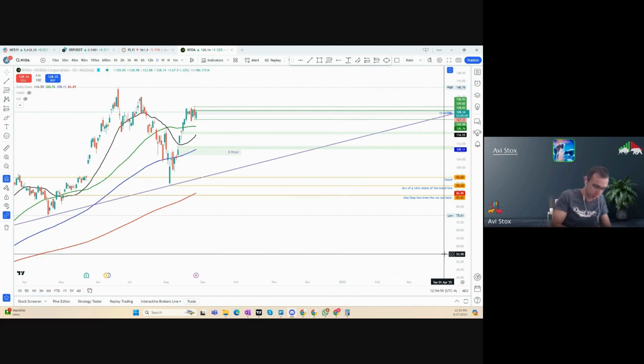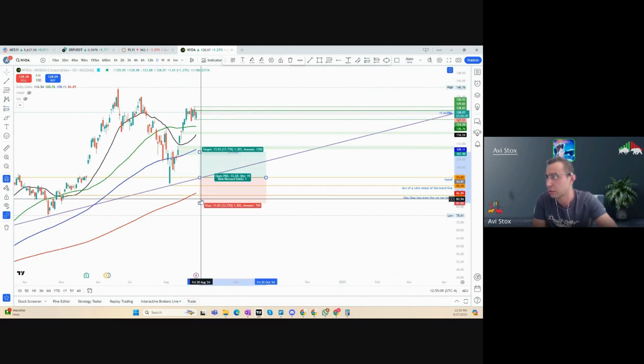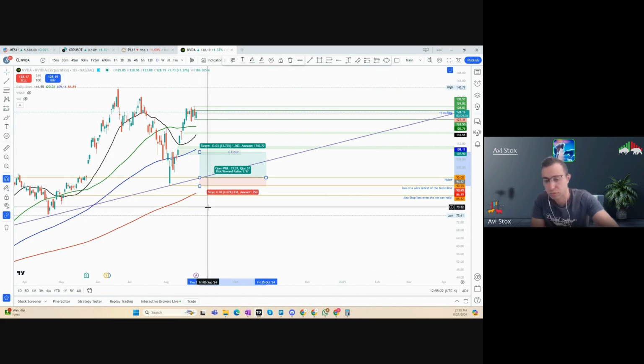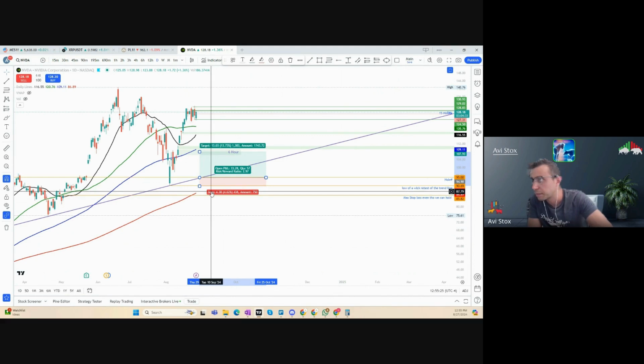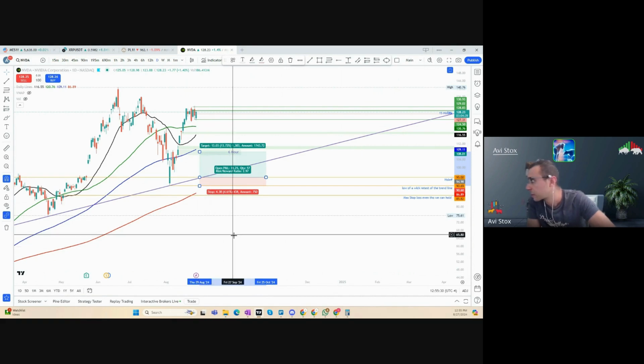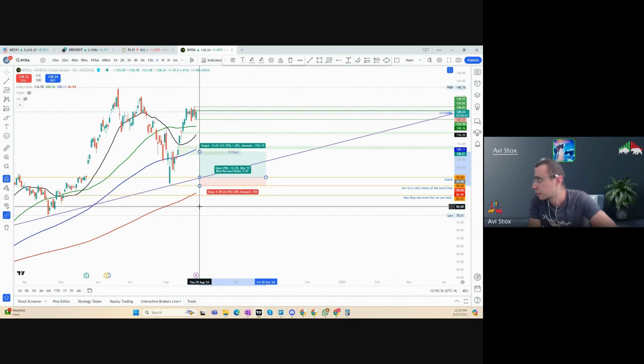So let me see something. 90.60, that's what I think could be my stop loss. $90.60 and entry almost at 95.